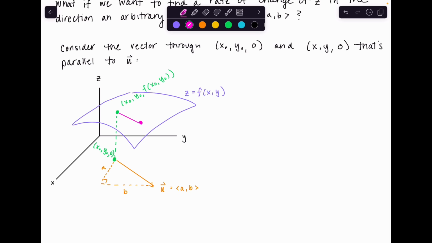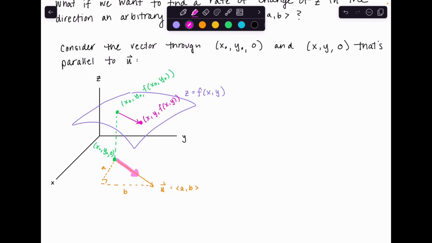And this vector is going to run parallel to our vector u. Okay? So if I were to look at the projection of that onto here, it would maybe look something like this. So this point we're going to be letting change. It's got components x, y, and then again the z value corresponding to it.